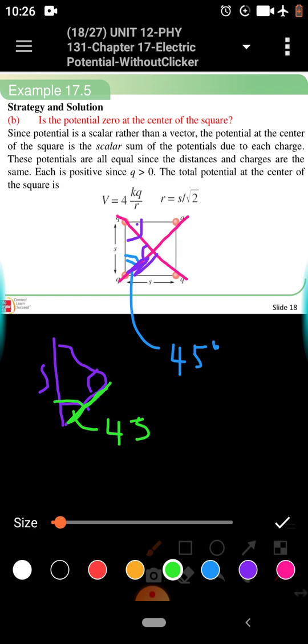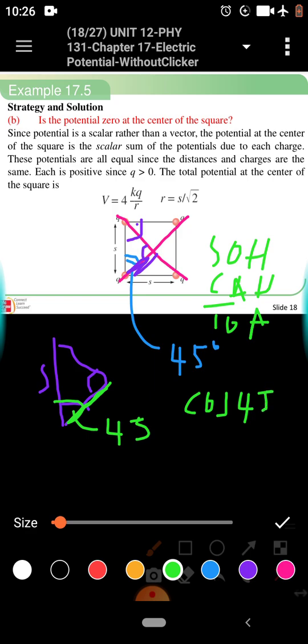I have the adjacent and the hypotenuse, so I go to SOHCAHTOA. You know that cosine 45 is equal to the adjacent, which I'll call r, over the hypotenuse, which is s. So what is cosine of 45?